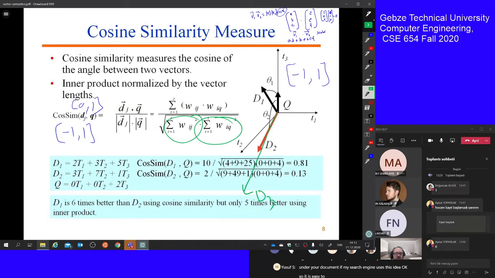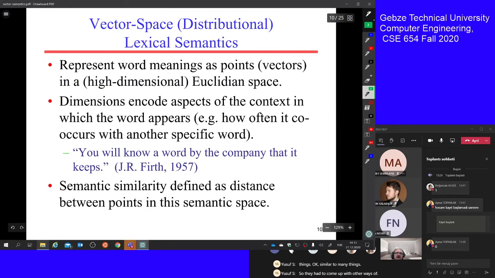You would put lots of terms under your document and hide them, so your document is going to have lots of terms in it, and artificially you are going to be similar to many things. So they had to come up with other ways of working around that hack.